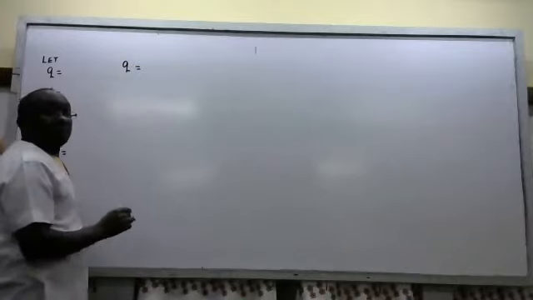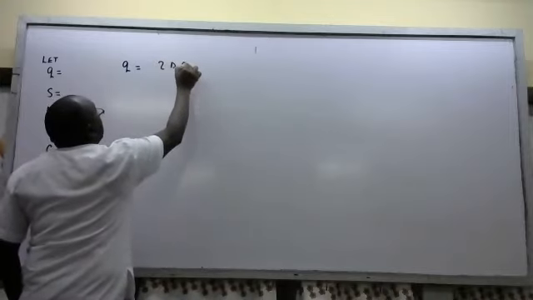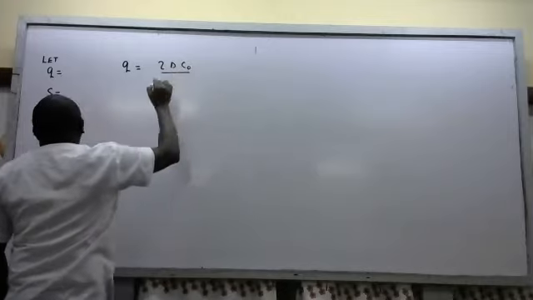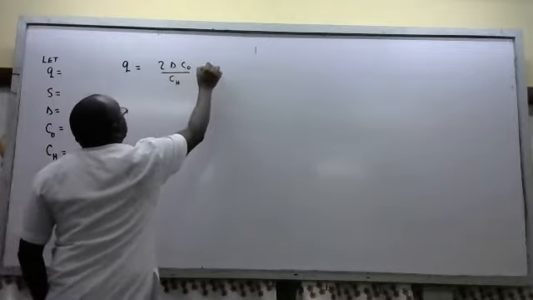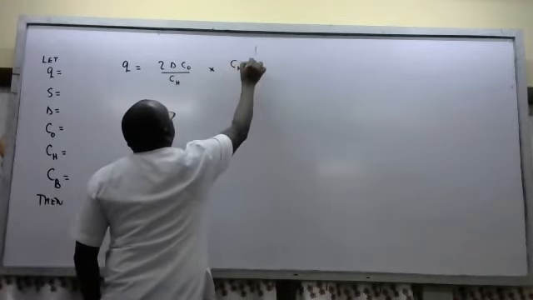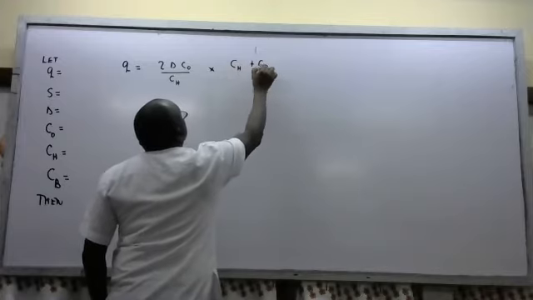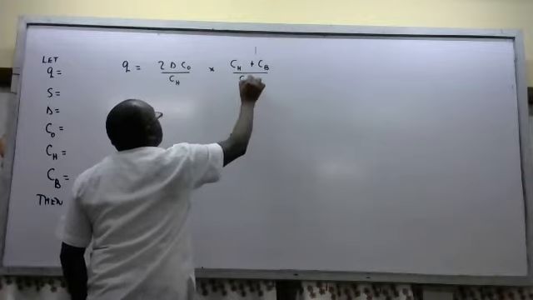Okay, then Q equals 2DC naught out of CH times CH plus CB out of CB.